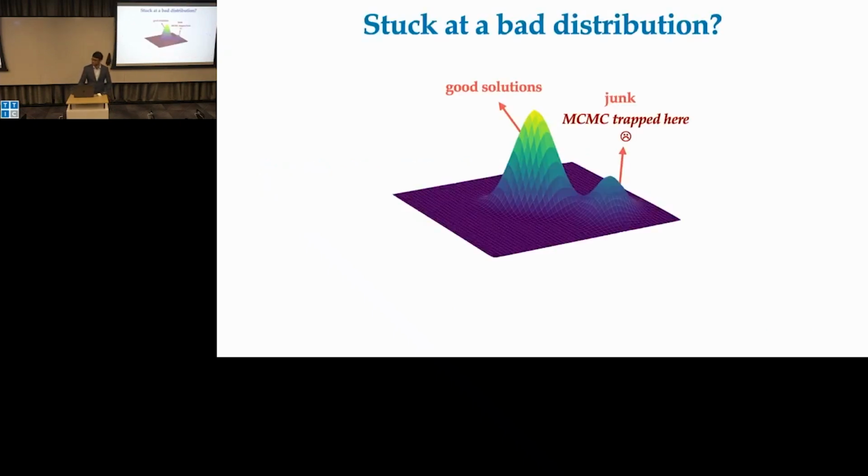Just to give you a cartoon of the issue we're trying to handle: maybe you have a Markov chain and in your state space, you have some small pocket which only has junk solutions that you don't want. But if your Markov chain somehow ends up in that pocket, you're simply trapped there.